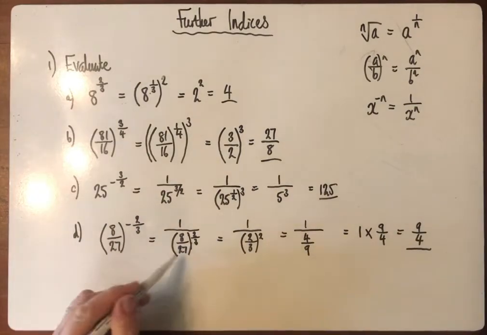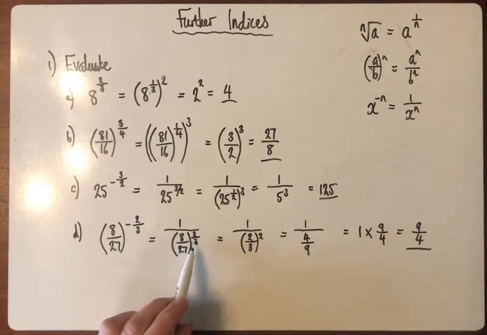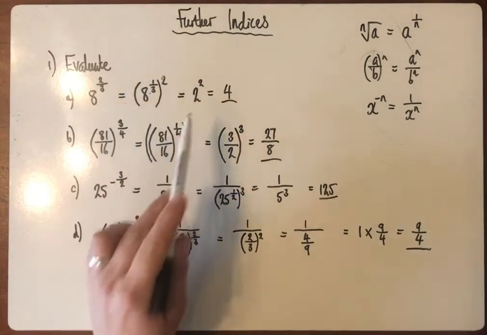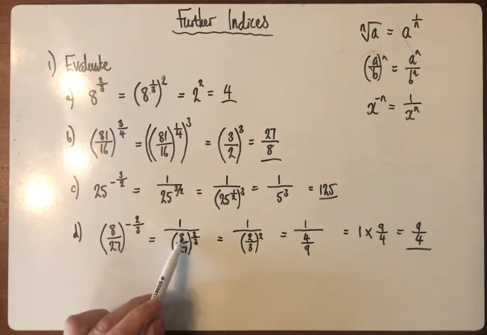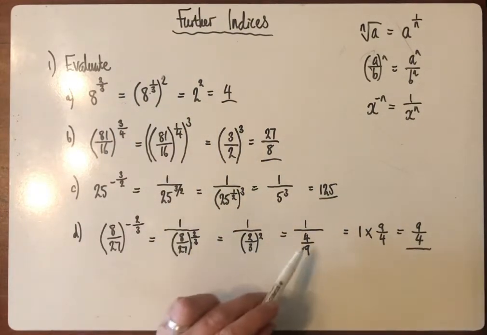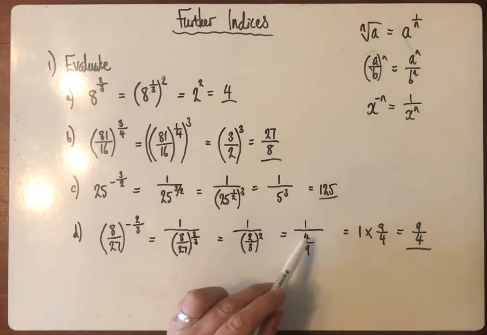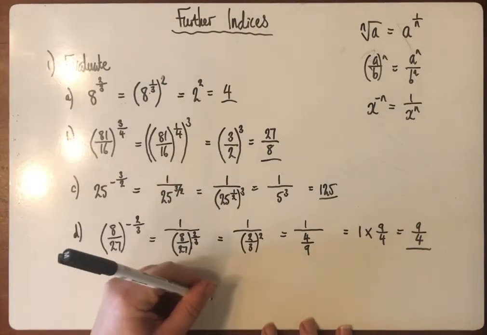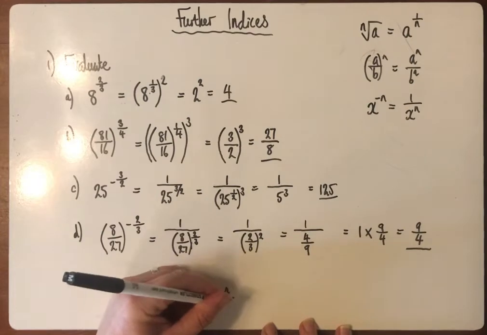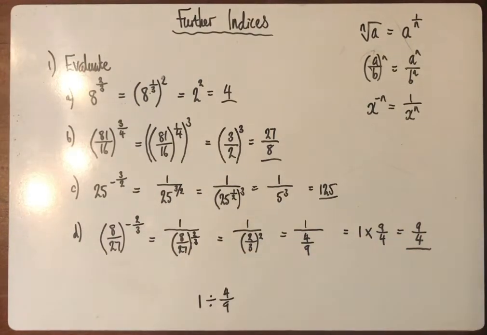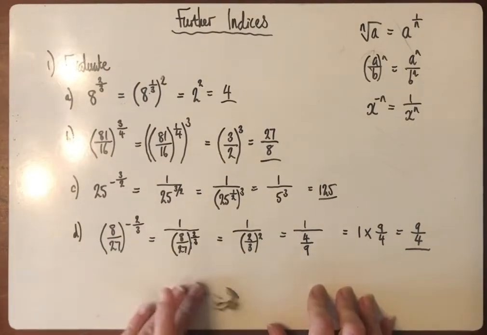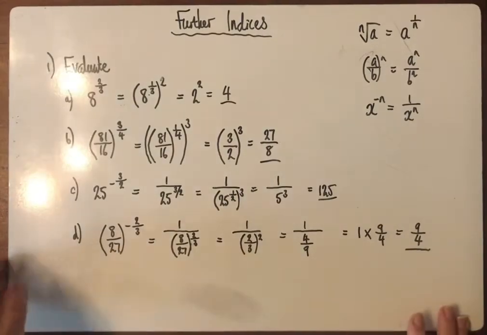So the negative makes it 1 over power 2/3, like we saw up here. You cube root and then you square top and bottom, and then it's 1 divided by 4 over 9 essentially, which is 9 over 4. Right, second example.